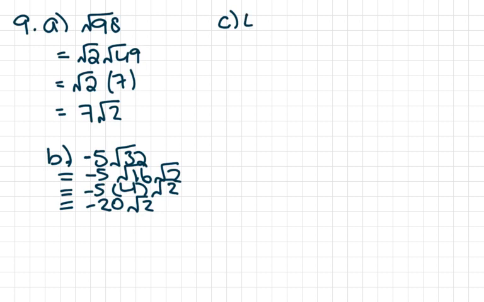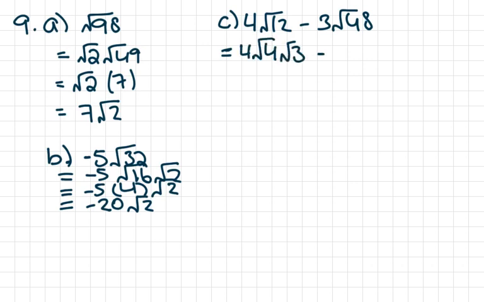C is 4 root 12 minus 3 root 48. The square root of 12 can be broken down into the square root of 4 times the square root of 3. The square root of 48 can be broken down into the square root of 4 times the square root of 12.